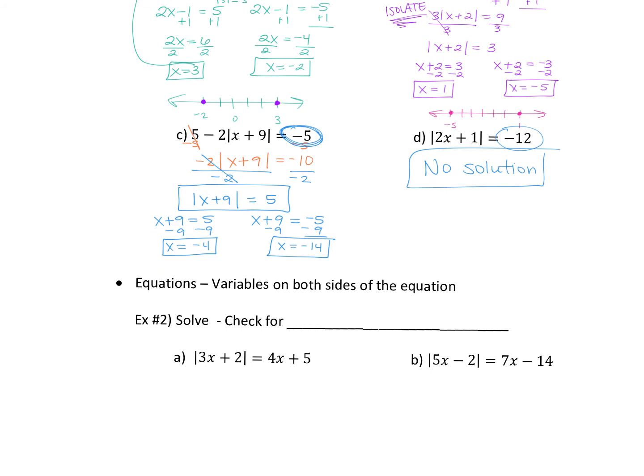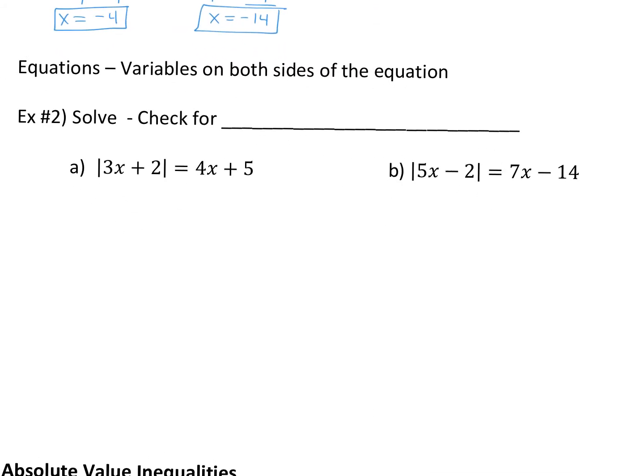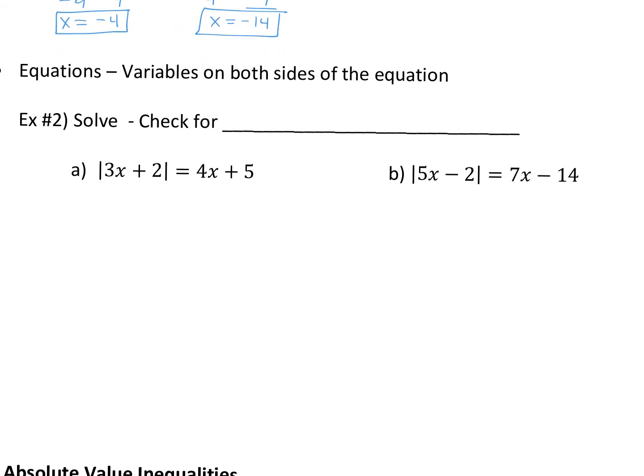Okay, here's where they get a little fancier again. Now there's going to be variables on both sides of your equations. And when you get variables on both sides, you have to check for what are called extraneous solutions.